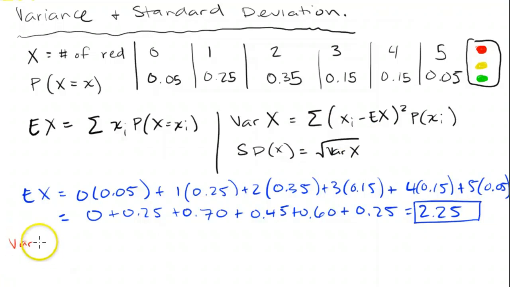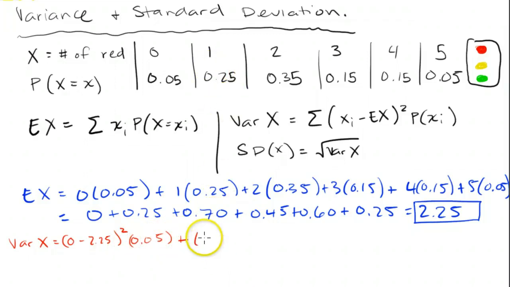The variance of x is going to be the sum of each xi minus the expected value. So let's find those. So it's going to be 0 minus 2.25, and then we're going to square it and times its corresponding probability, which is 0.05. Then plus the next term, which is 1.